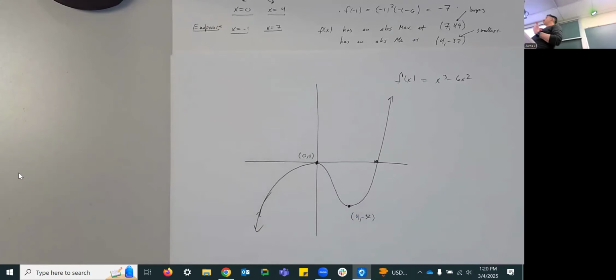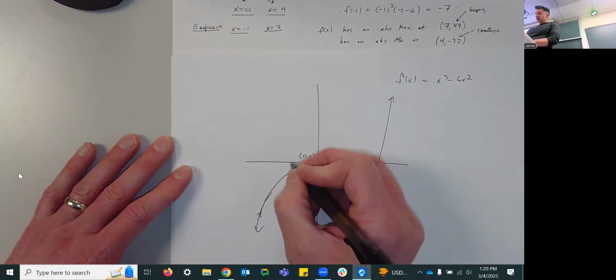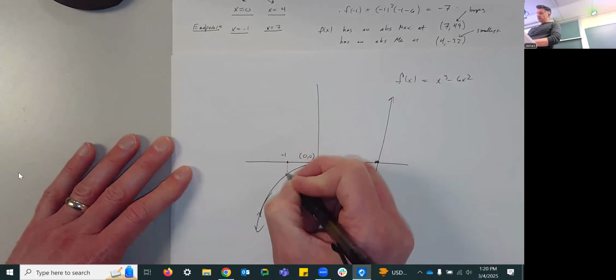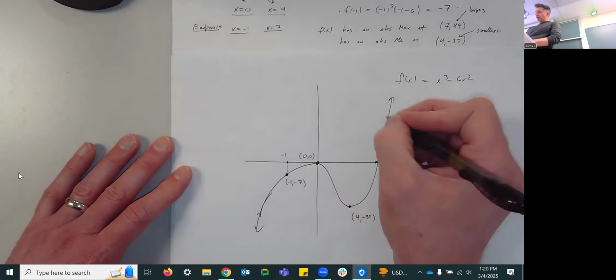But in this example, we restricted our domain, right? We were stopping at negative 1 on the left and positive 7 on the right.